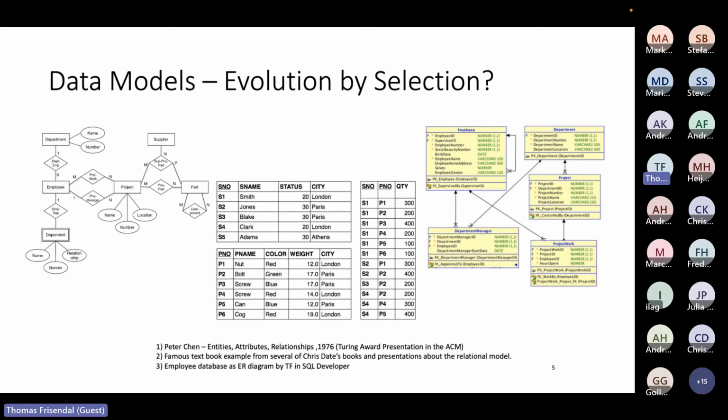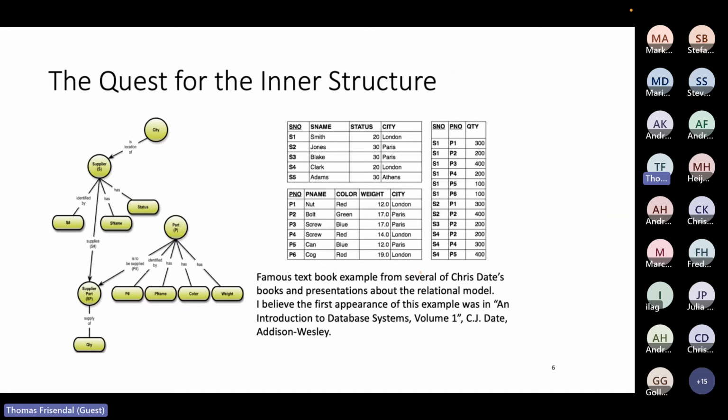But in the relational model and the SQL implementation, relations are second-class citizens. You don't have to actually declare them, and you can actually ask the query optimizer to pretend that there is a physical relationship when there is not. A lot of what has been going on here is sort of the quest for the inner structure, as Chomsky would say.